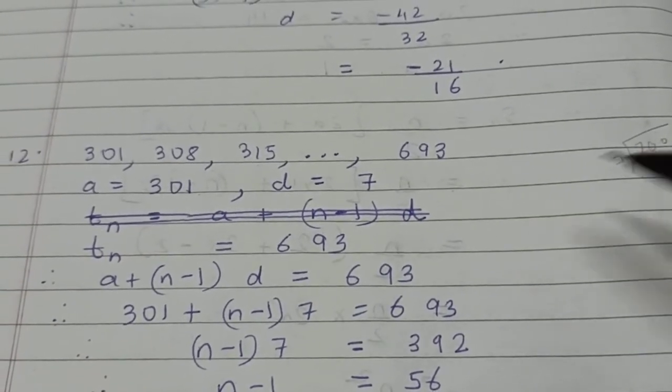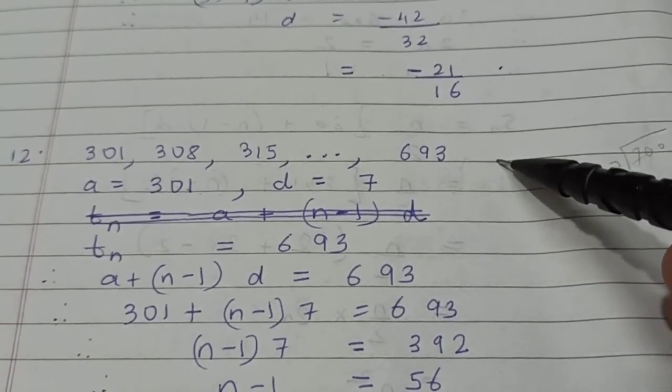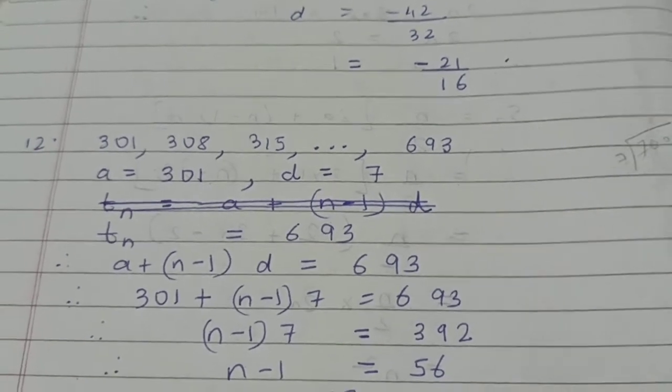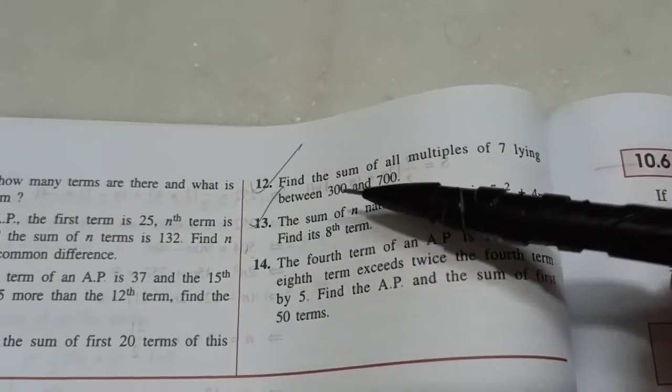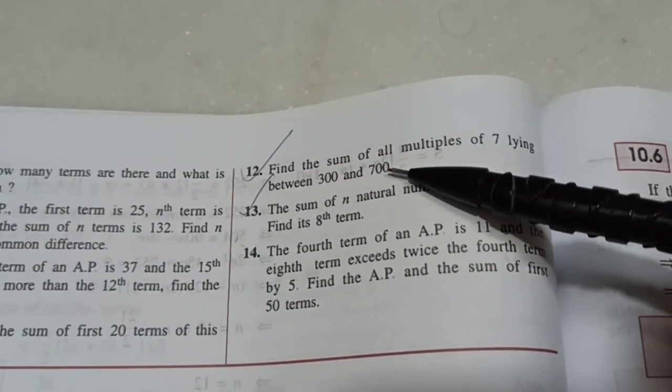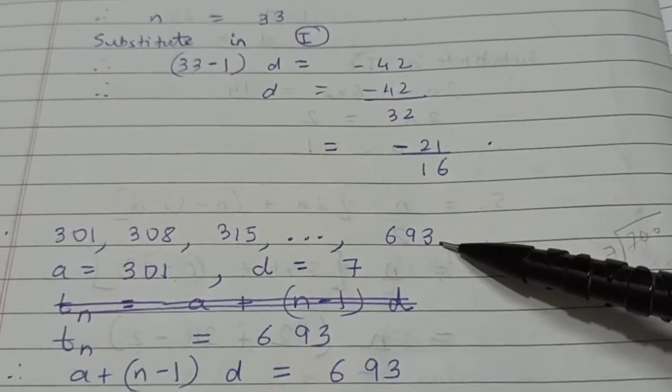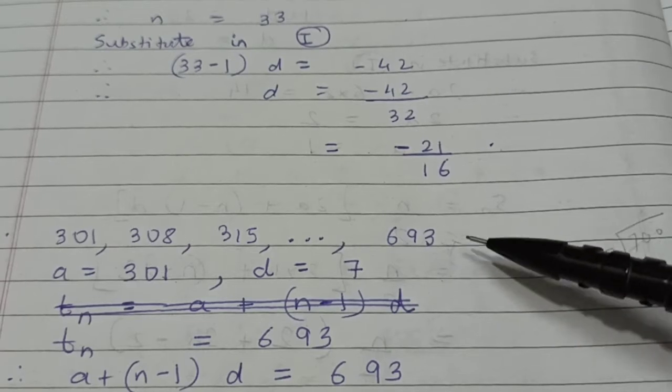Why can't I include 700 in this AP? Because they have given us a range. They said between 300 and 700. That means we cannot include 300 and 700. So 693 is the biggest 3-digit number in the range given.